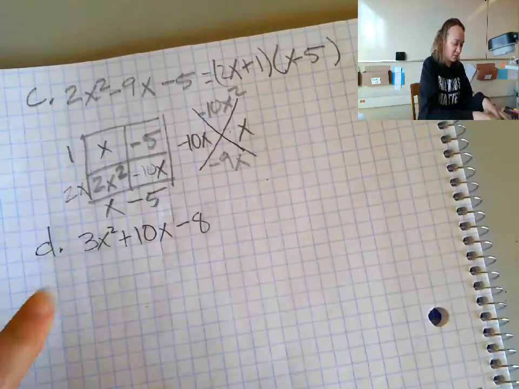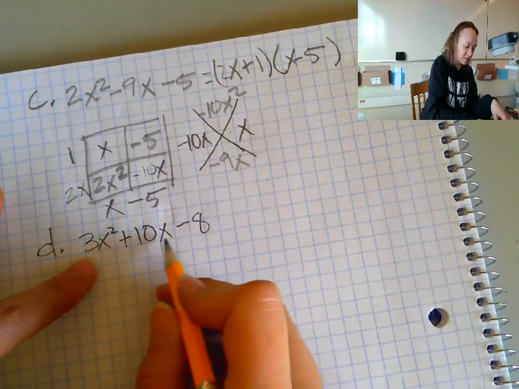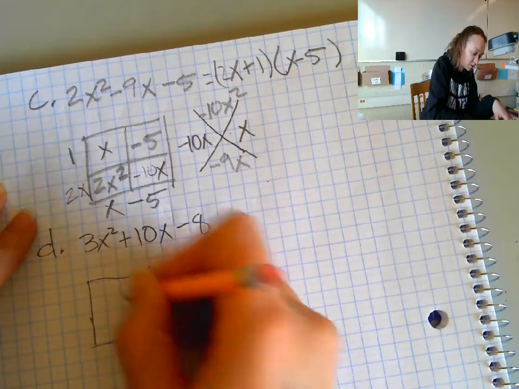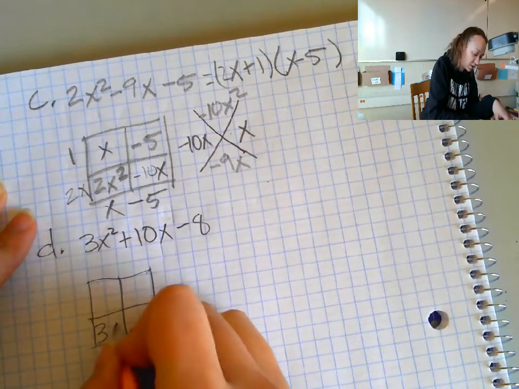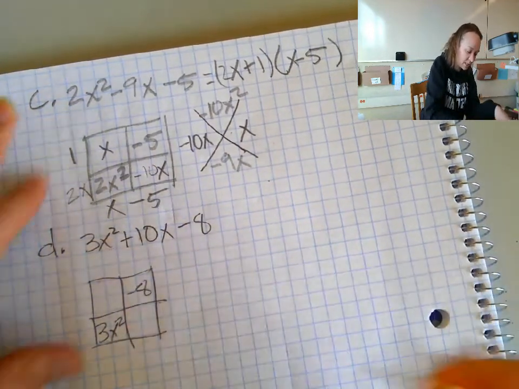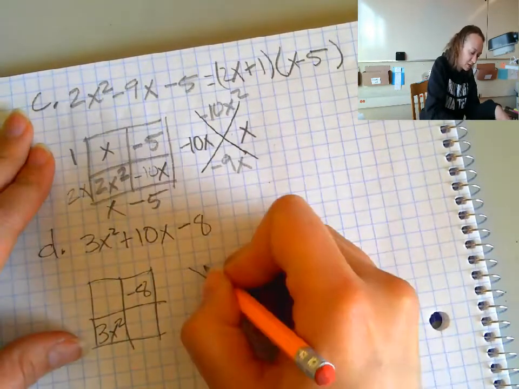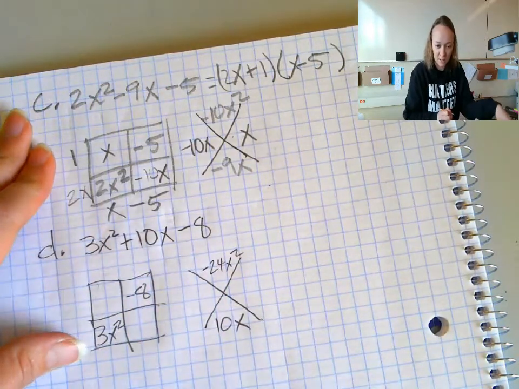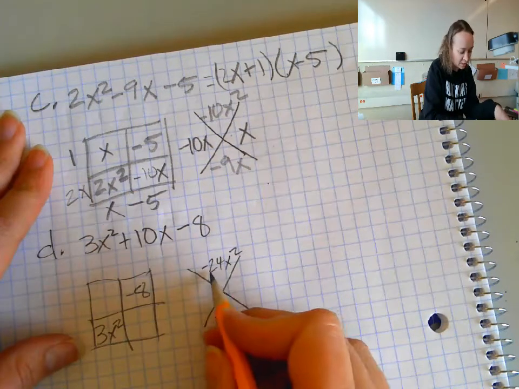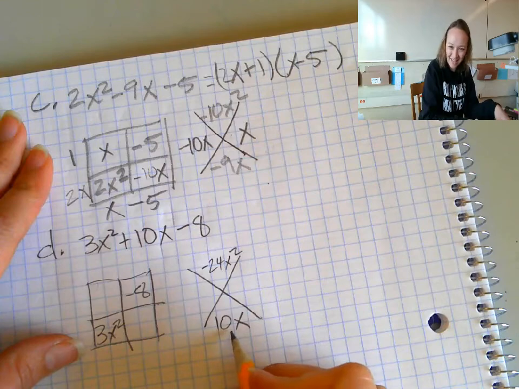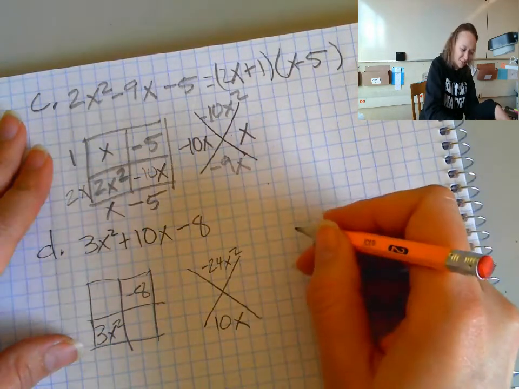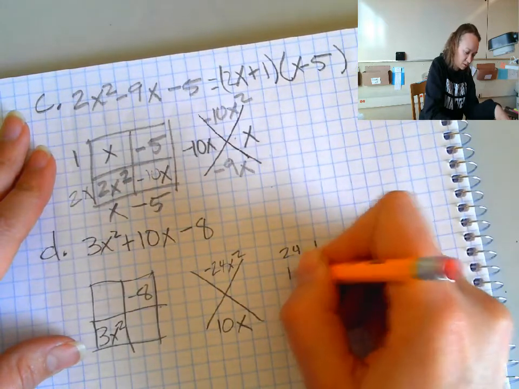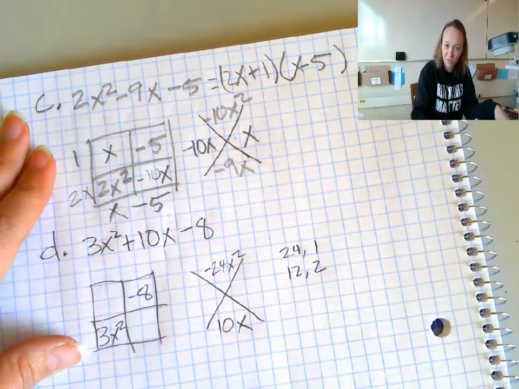Alright, and the last one, we have 3x squared plus 10x minus 8. I sharpened my pencil. It's working better now. So I have 3x squared and minus 8. That gives me a negative 24x squared and a positive 10x. I need two numbers that multiply to negative 24 but add to 10. I got a little stuck on this one. I need to do 24 and 1. 12 and 2. That'll do it.